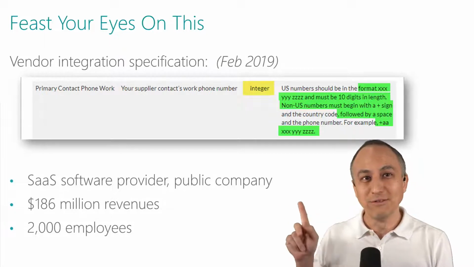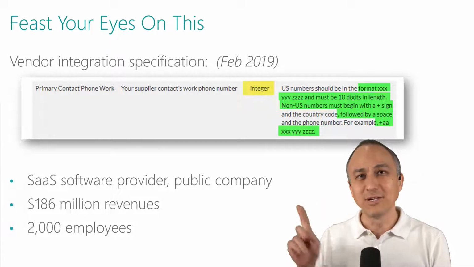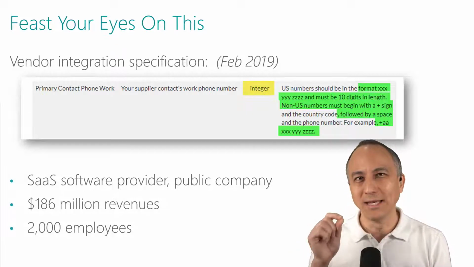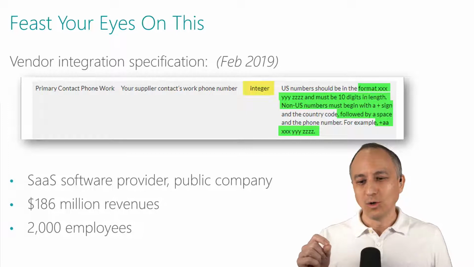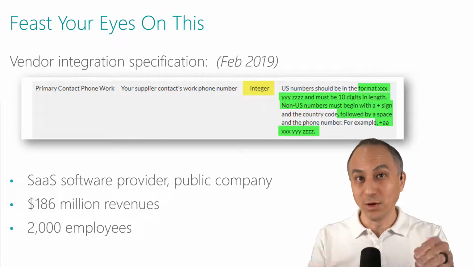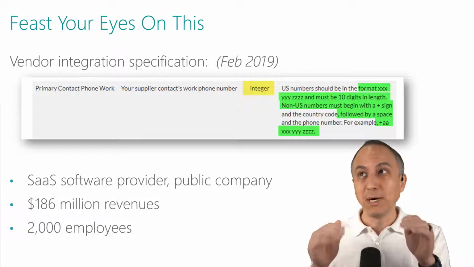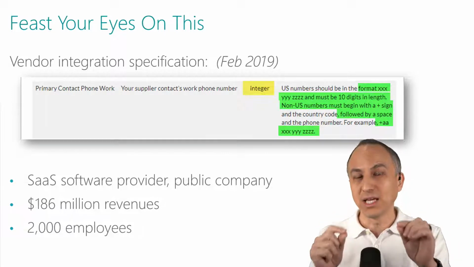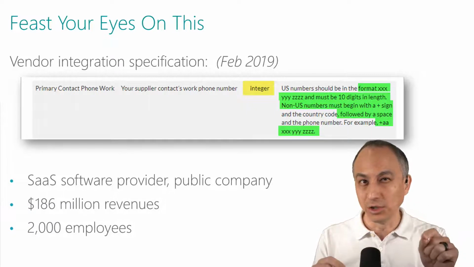So if anyone's a developer, take a look at that specification and think about what went into this. So someone develops software that accepts a phone number that must be in this specific format, and then the specification calls this an integer.